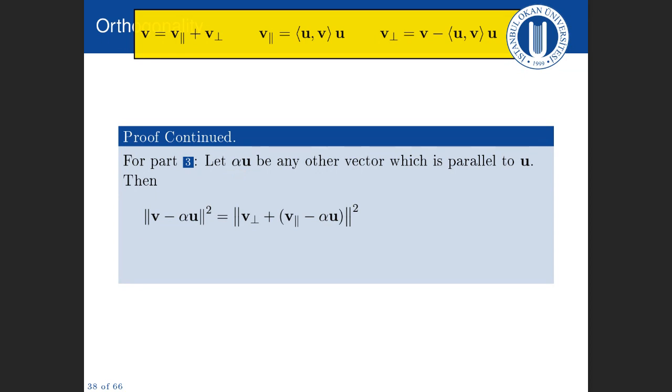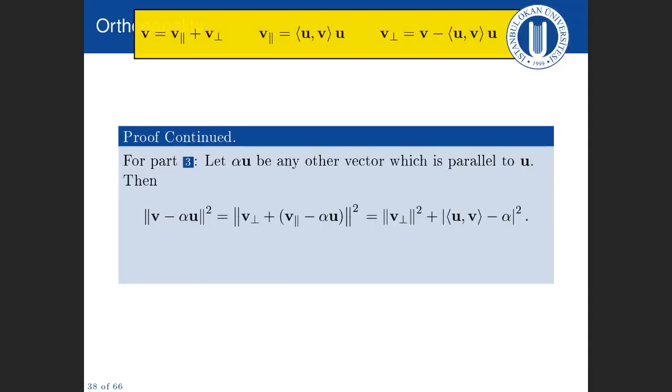Now, v is v parallel plus v perpendicular. So I can write it as this: v perpendicular plus v parallel minus alpha u. Why have I written it like this? Well, because in the bracket, I have the vectors which are parallel to u, and then the one which I'm underlining in orange now is the vector which is orthogonal to u.